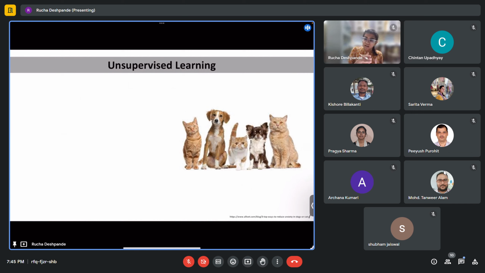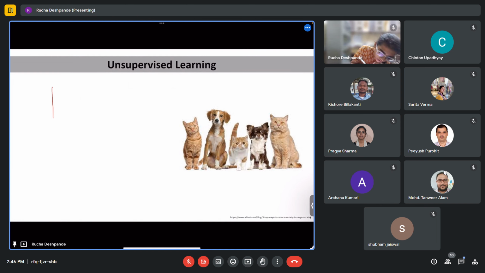But then, using the current data, the machine would classify this data set based on different features of these animals. If we are talking about the remote sensing data, then it would form different clusters of data based on their similar characteristics.